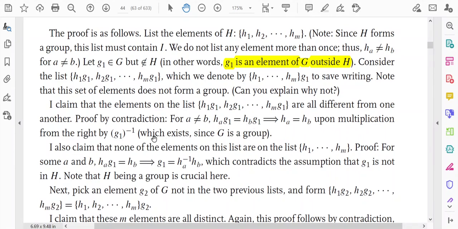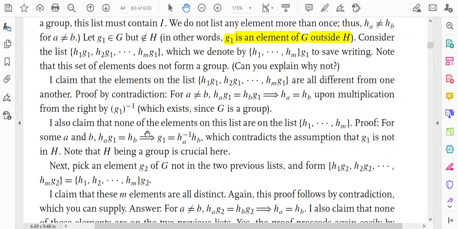But this suggests that two elements of the group H are equal, which contradicts our earlier statement that the elements of H are distinct. So by contradiction, we have shown that in this list the elements are different from one another.